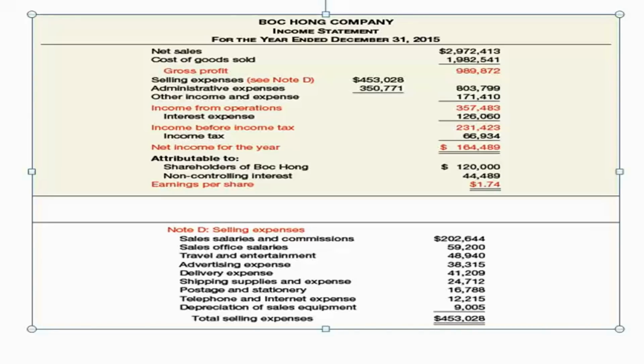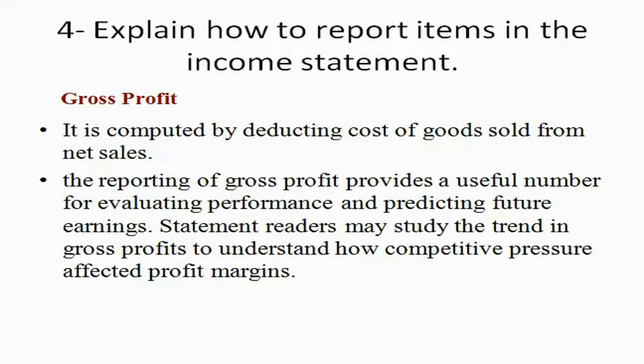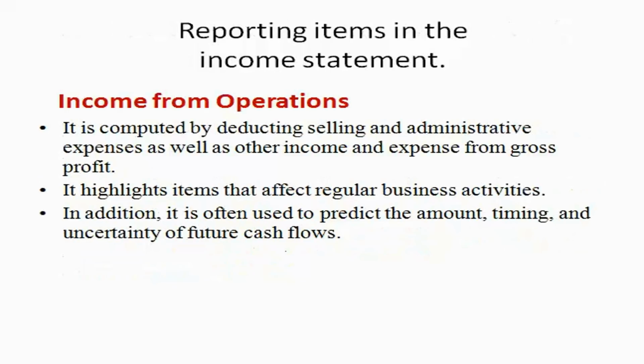We learned the difference between selling expenses and administrative expenses. Then we explained the items inside the income statement, such as the gross profit. The gross profit provides a useful number for evaluating the performance and predicting the future earnings.